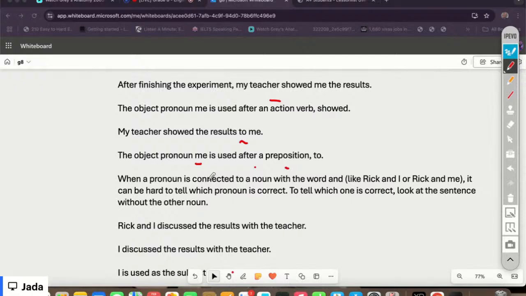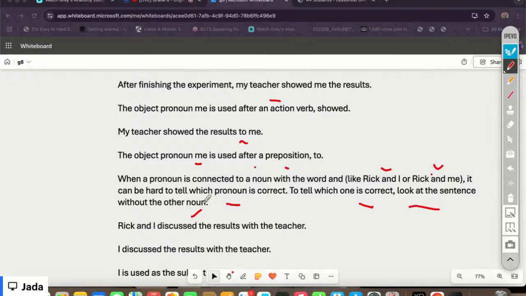So when a pronoun is connected to a noun with the word and, like Rick and I or Rick and me, it can be hard to tell which pronoun is correct. So when you have and connecting the pronouns, it's quite difficult to understand which one is the right one. So to tell which one is correct, you have to look at the sentence without the noun.